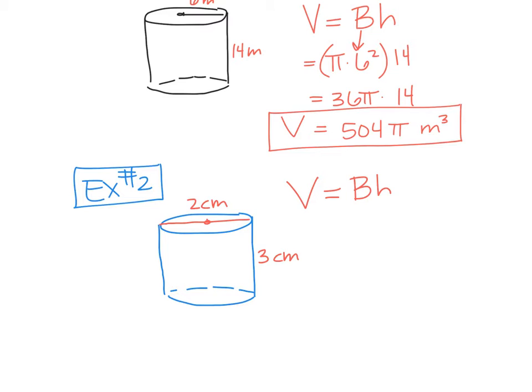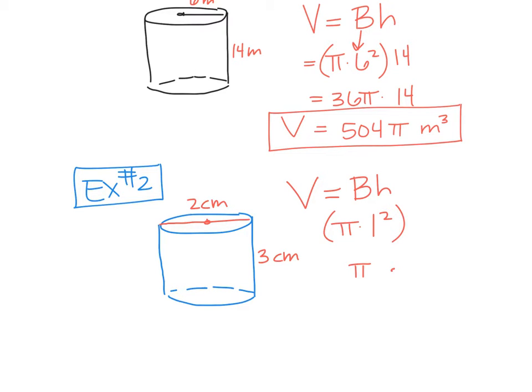What? It's not 2. What she said. She said that's a diameter. You need the radius. What's your radius right now? 1. So pi r squared is pi, right? Pi times 1 squared. So you're doing pi times the radius squared, which is really just pi.